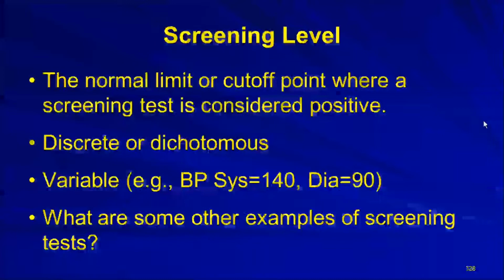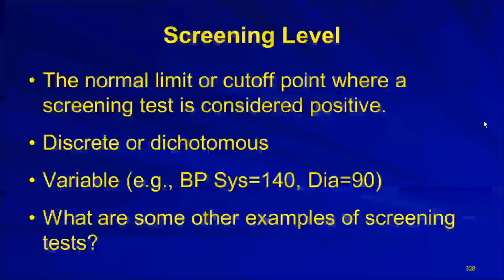Okay, now you know that with screening tests we have normal limits or cutoff points, and usually we have points where we consider somebody positive or potentially has a problem, and they're often dichotomous.